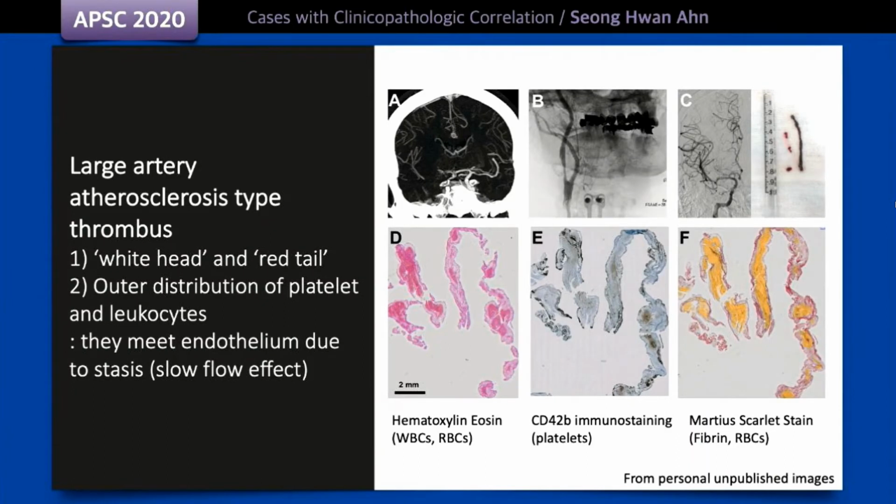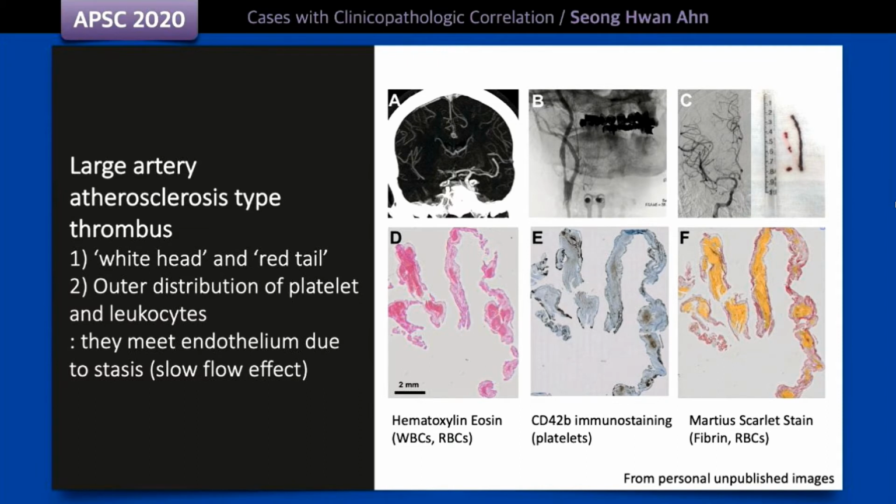This patient presented with a right carotid artery occlusion. In the Martius scarlet blue stain, figure F, we should focus on the fibrin mesh. Fibrins are stained red, and red blood cells, yellow, are filled in the fibrin mesh.